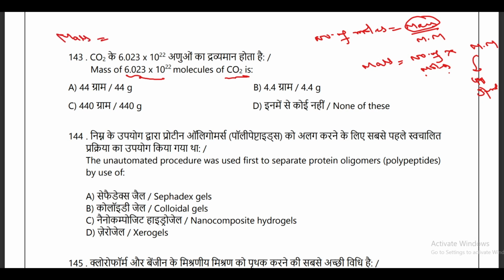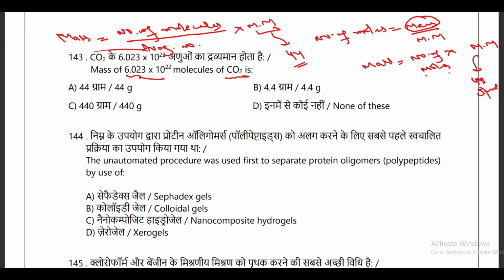So mass is equal to number of moles times molar mass. To find number of moles, you divide the number of molecules by Avogadro's number. So this is the formula to find mass of CO2: number of molecules divided by Avogadro's number, multiplied by molar mass. Molar mass of CO2 is 44.